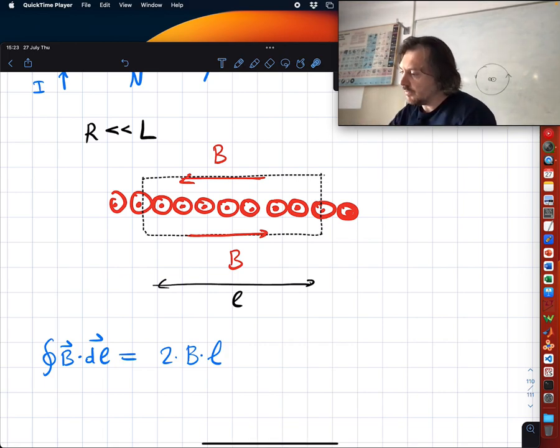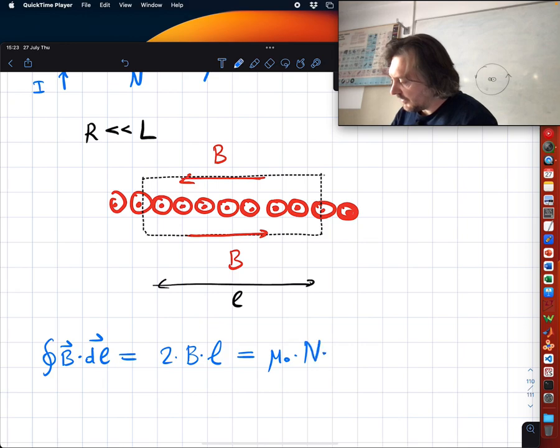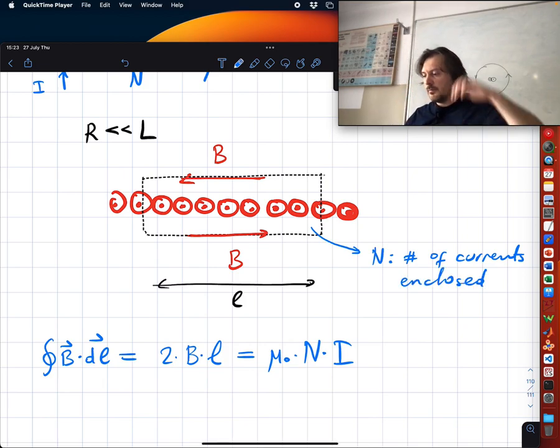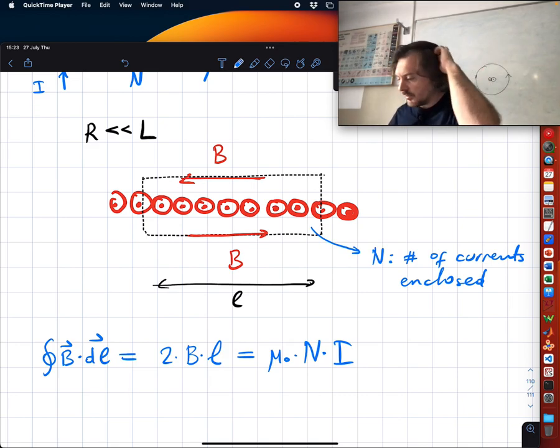2BL must be equal to mu 0 times n times I, and n is the number of currents coming out in here. Number of currents enclosed. Very good question.